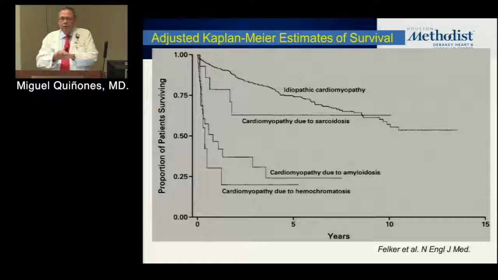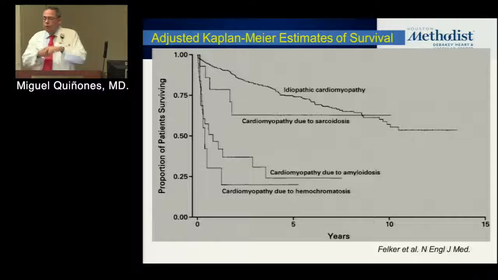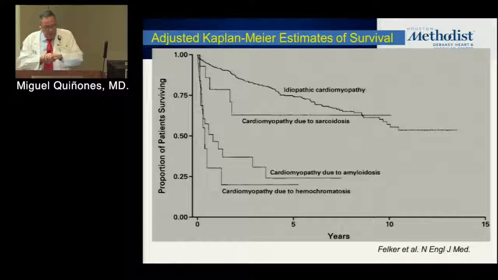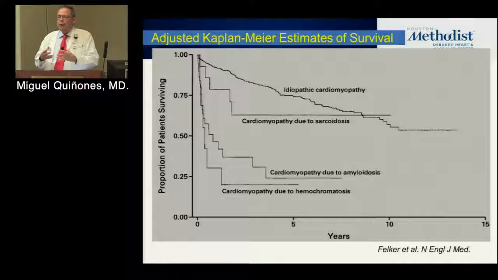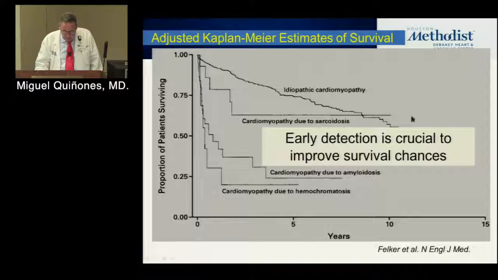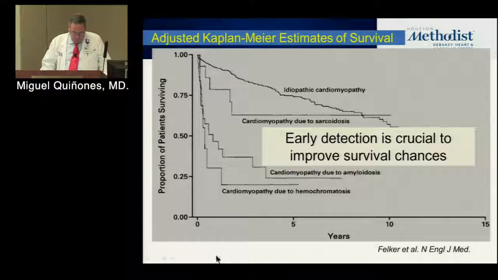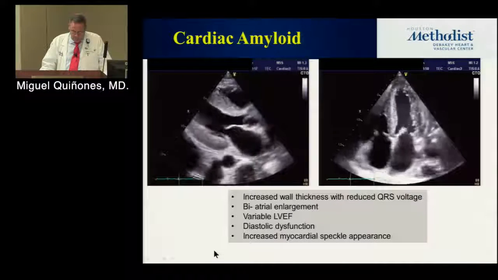It can happen. We all have had such cases. It's more likely to happen through the CMR, as Dipan will show later. But most of the time, the patient is known to have sarcoid, and then the echo is done to look for cardiac involvement. So the earlier we can detect these things, the better chance we have of impacting the prognosis.